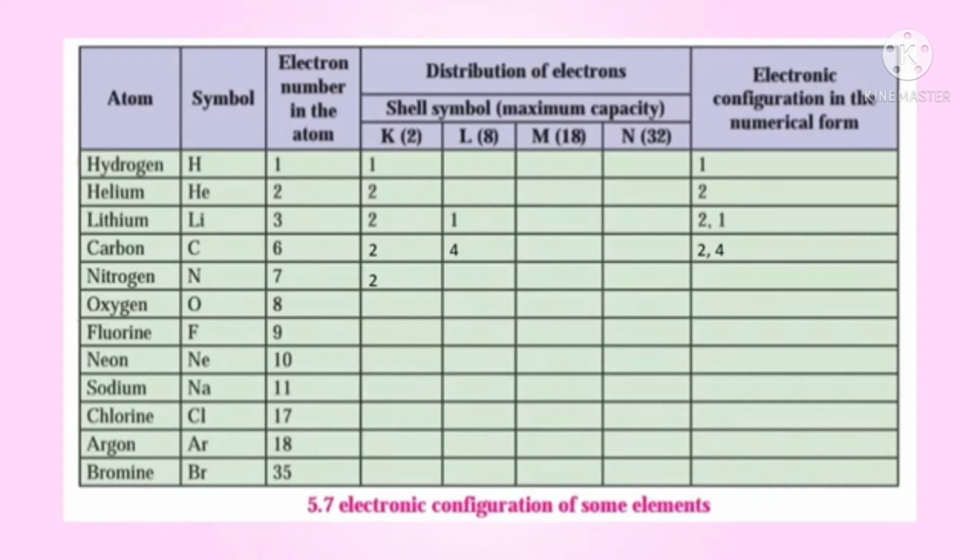So in the first shell 2 electrons, remaining 5 electrons we will write in the second shell L, because 2 plus 5 is equal to 7. And the electronic configuration of nitrogen is 2, 5. We will write in this last column 2, 5.